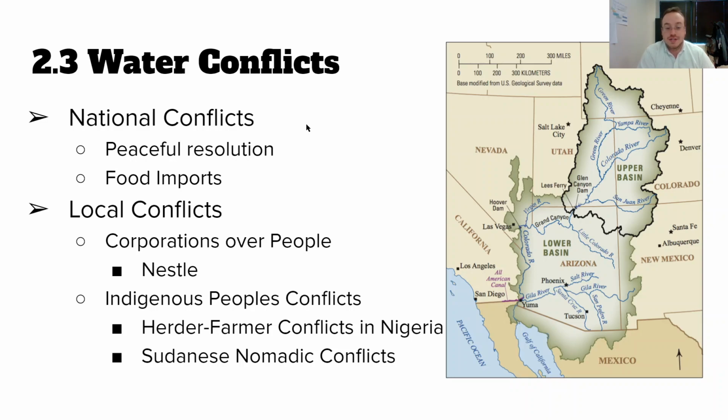All right. Indigenous peoples conflicts, those can resort to violence, and they have resorted to violence. A few of the more well documented cases are herder-farmer conflicts in Nigeria, where people who are growing crops versus people who are shepherding livestock are conflicting over water rights.